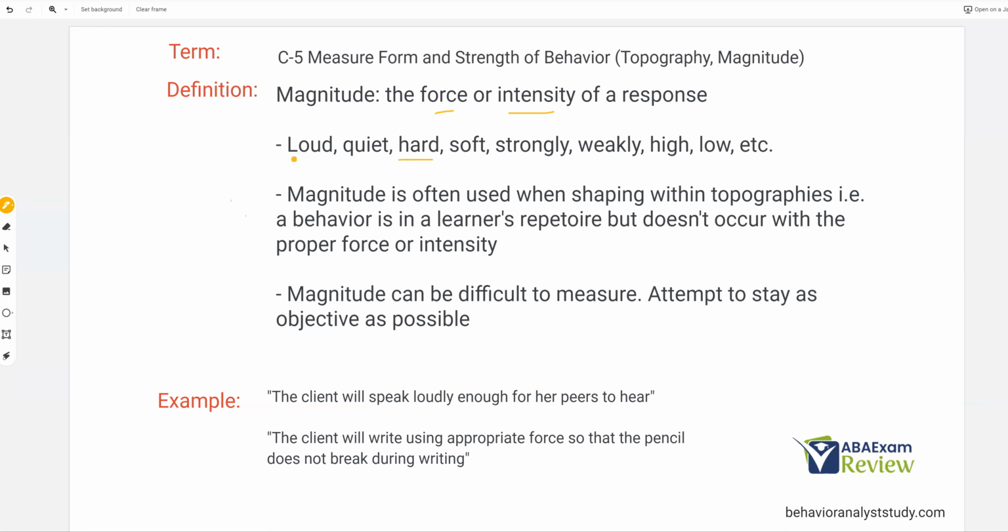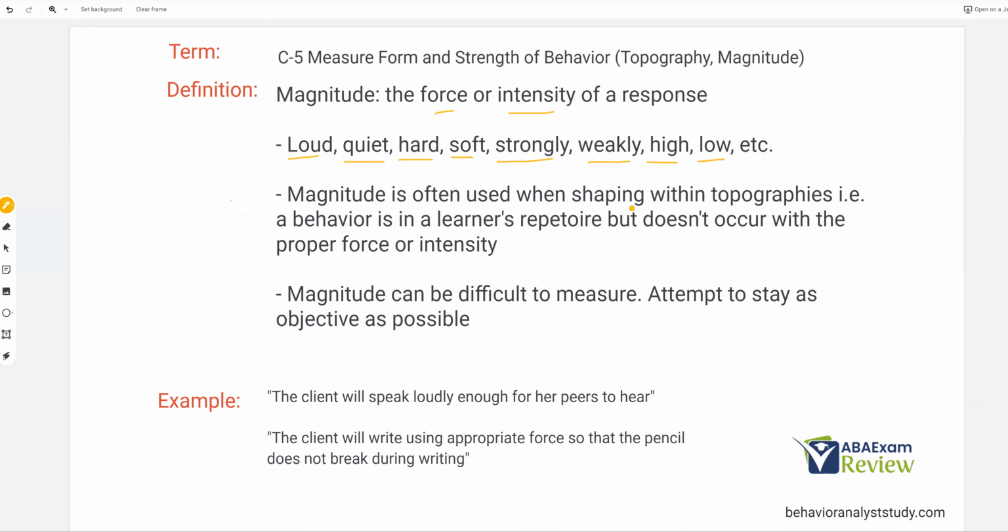It's not he's talking loudly or he's talking quietly. It's not you're writing softly or you're writing weakly or you're doing something strongly. It was high, it was low. Now, again, we're giving more color and precision to our language. And our definitions are just getting better and better and better.